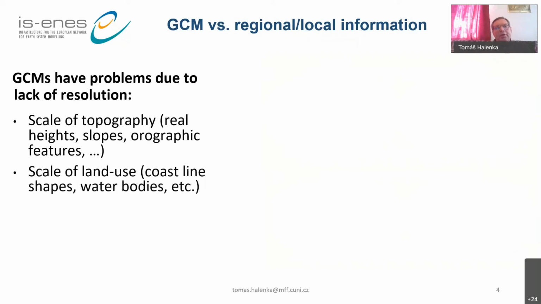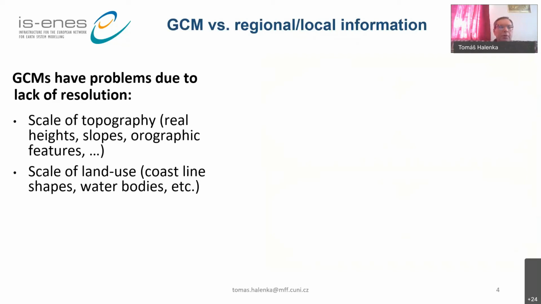Another point is that GCMs, especially in previous times, had difficulty resolving land use with respect to that resolution, and resolving real coastlines, gulfs and this kind of stuff.